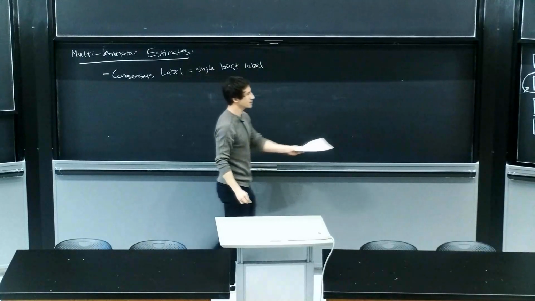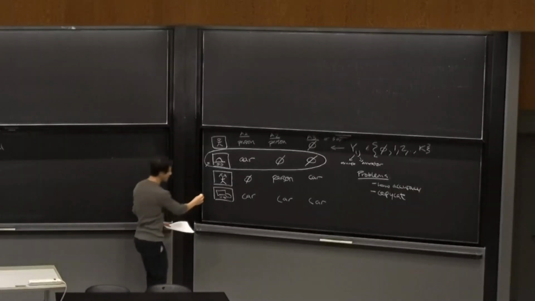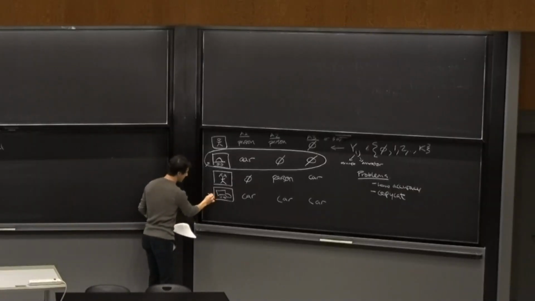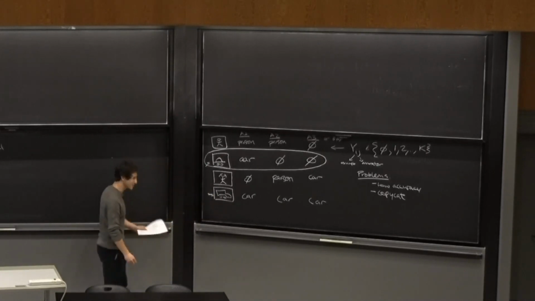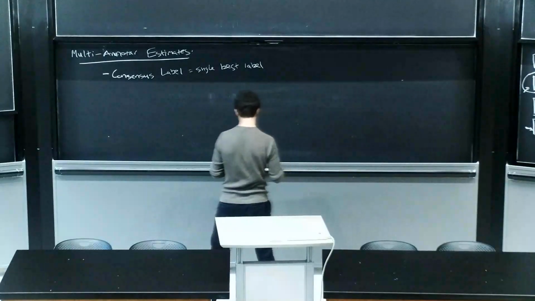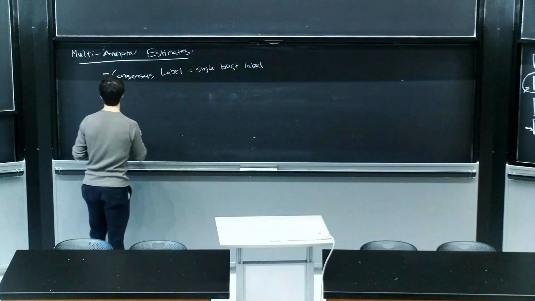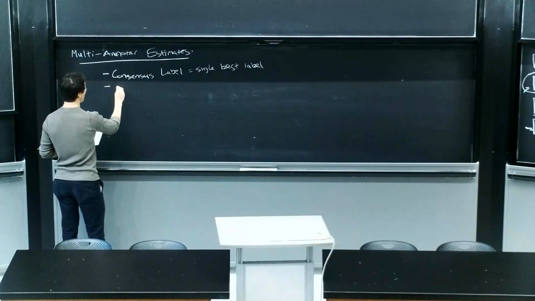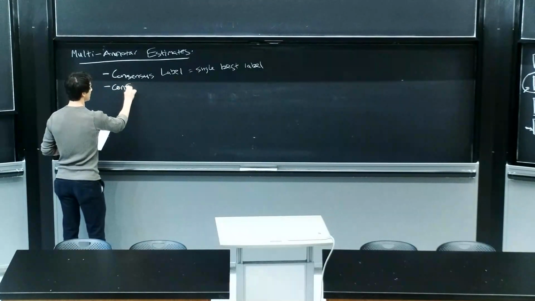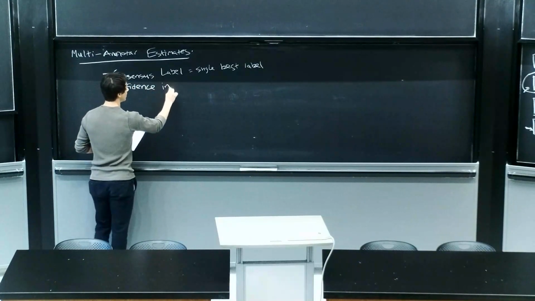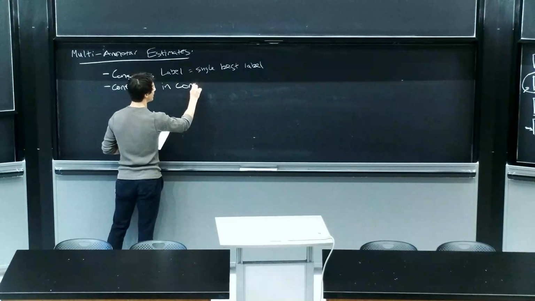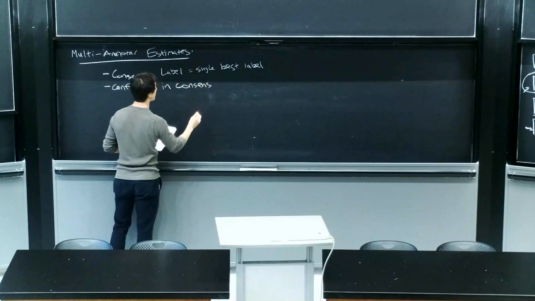So going back to our example here, certainly for this image, it would be quite crazy of us not to just say car is the consensus label for that image. Another thing we want to estimate is a confidence measure in these consensus labels, right? So how likely is it that the consensus label is correct or not?